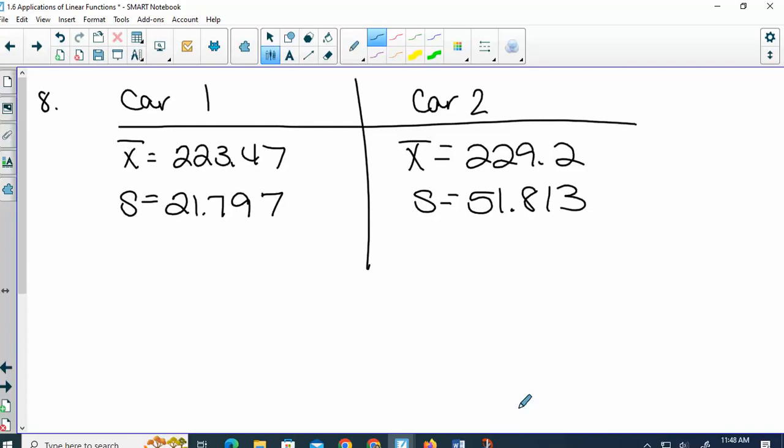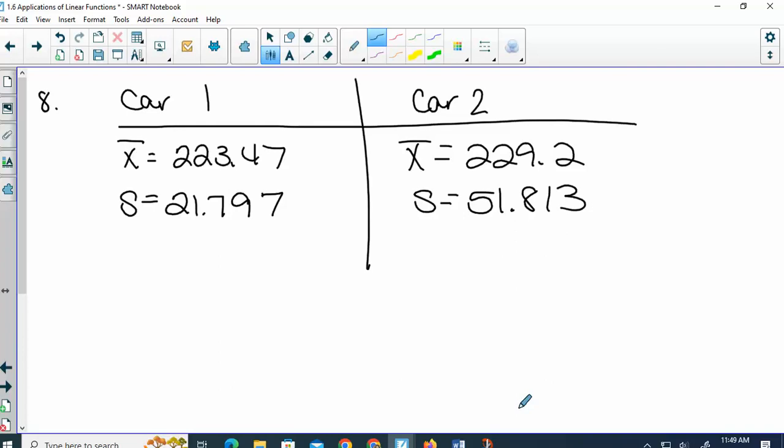So we see the second car has a really high standard deviation, which means its values are really spread out. Sometimes my mileage is excellent, and sometimes it's horrible. The average is slightly higher than the first car, but I know that sometimes I'm not going to be anywhere close to that. And sometimes it'll be way better.